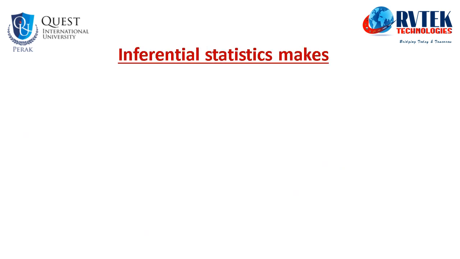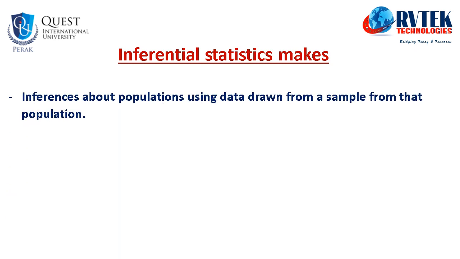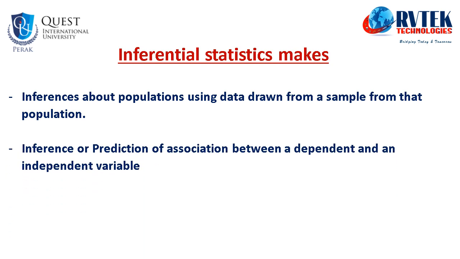Now we can know what inferential statistics does. Inferential statistics makes inferences about population, about data drawn from sample from that population. Inference or prediction of association between a dependent and independent variable. We are making an inference or prediction of whether there is an association between a dependent and independent variable.